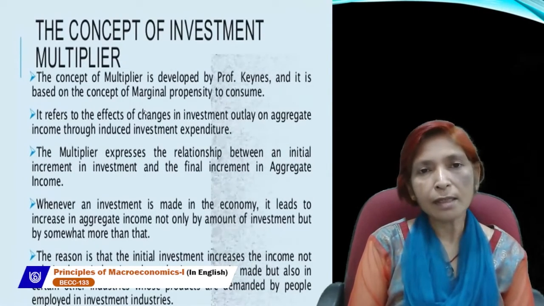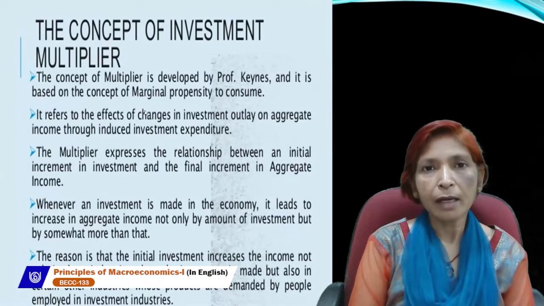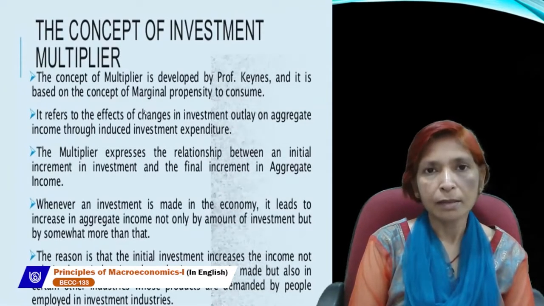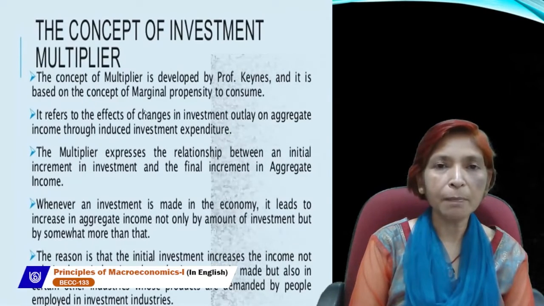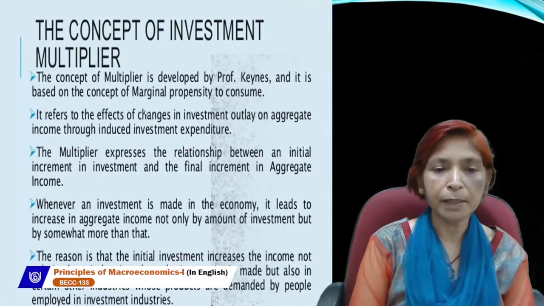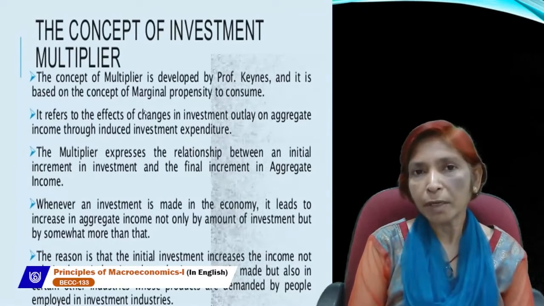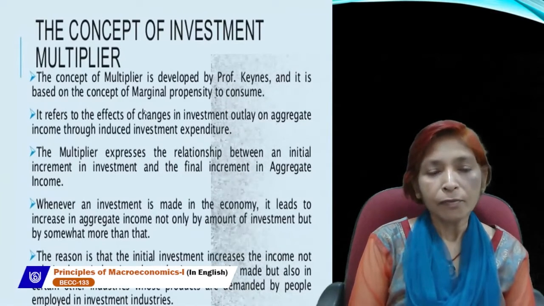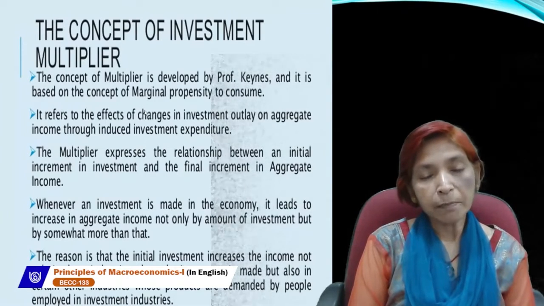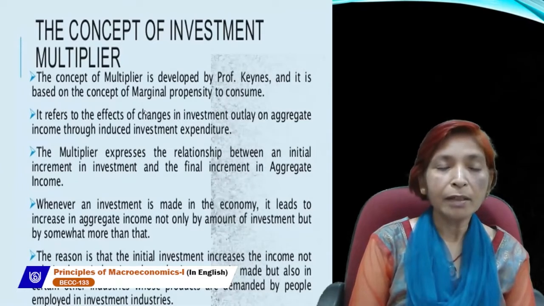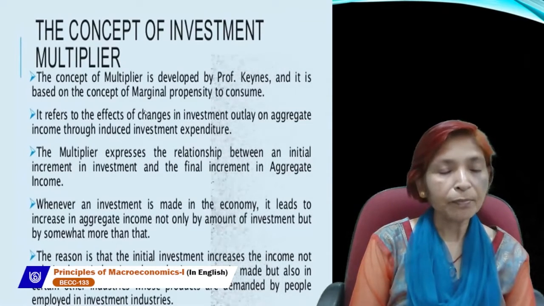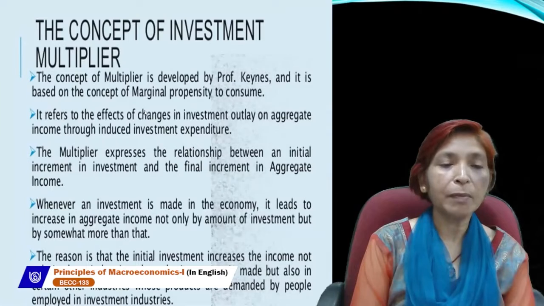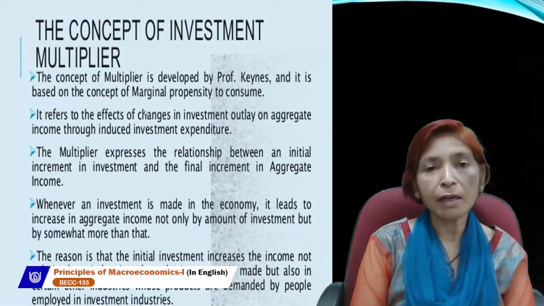But first of all, this concept was introduced by R.F. Kahn as an employment multiplier. He gave the concept of multiplier as an employment multiplier. Because if we give employment to any person, he will earn income, and he will keep earning that income until retirement.